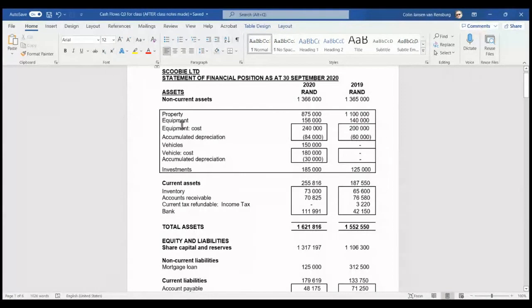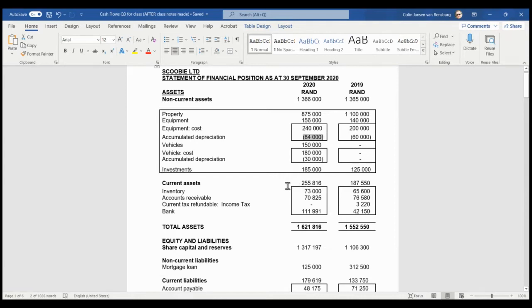Okay, so let us look firstly at equipment. So we've got equipment cost and then equipment accumulated depreciation. The accumulated depreciation at the beginning of the year on our equipment was 60,000 rands, and at the end of the year, the accumulated depreciation is 84,000 rands.